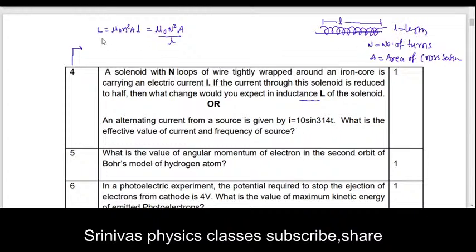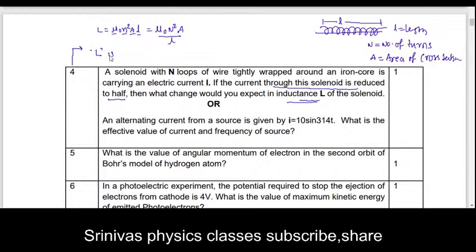And then the question: if the current through the solenoid is reduced to half, then what happens to the self-inductance? From this formula, the self-inductance is independent of current. It depends upon mu naught, number of turns per unit length, area, and length of the solenoid, but it is independent of the current.